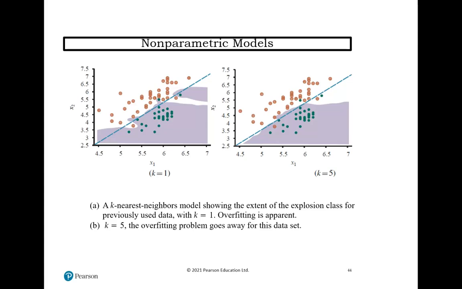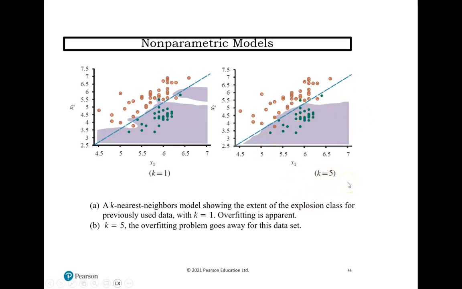What you want to do is average. So if you average over 5 neighbors, k equal 5, you can see here that the decision boundary is much smoother, and only 2 restaurants are misclassified between the yes and no. So there's much less overfitting as k increases.